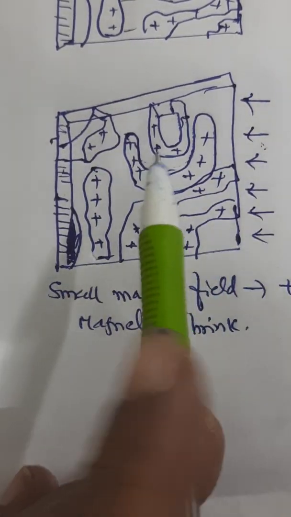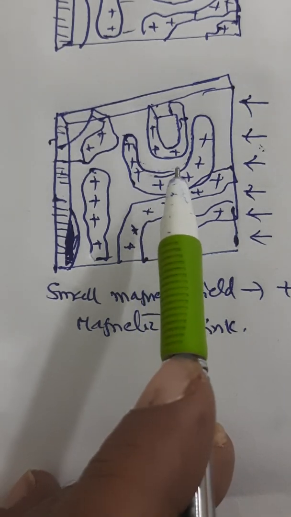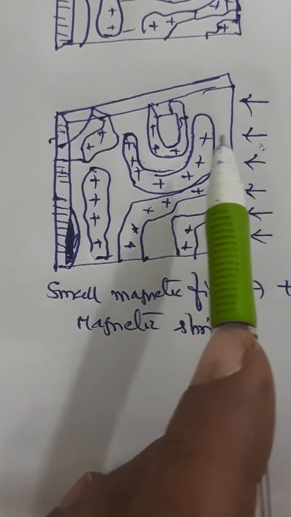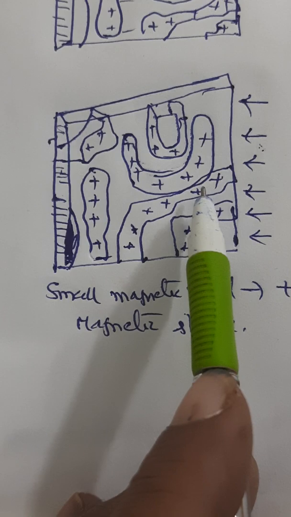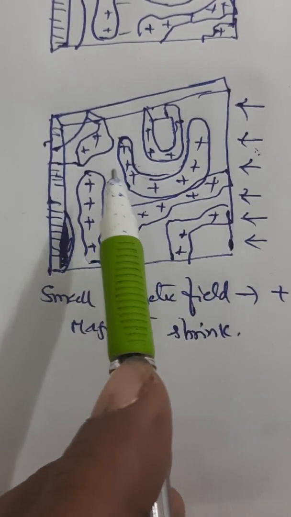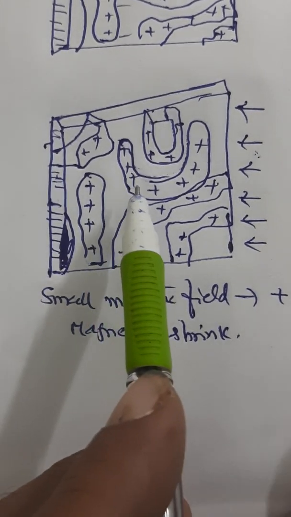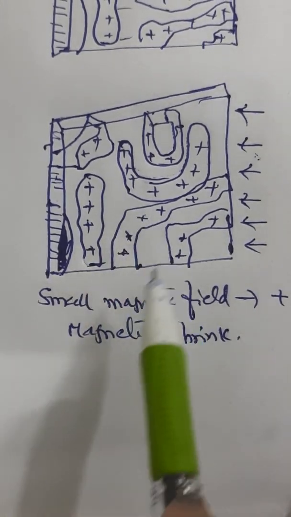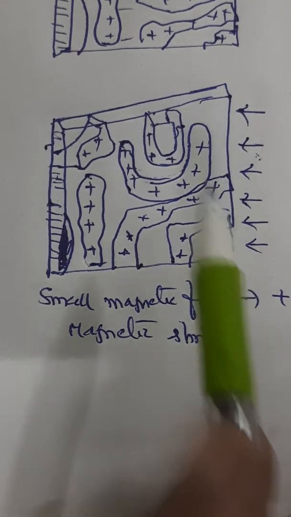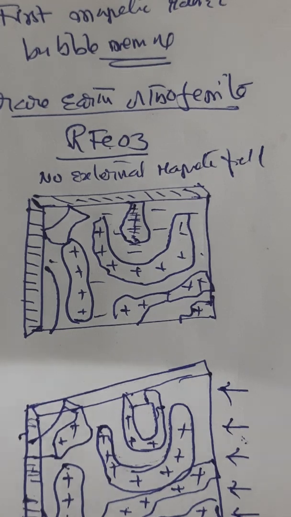When you start applying the magnetic field perpendicular to this, they start shrinking, and when the applied field crosses a high value, suddenly all these domains are concentrated into smaller circular areas of a few microns in diameter. Let us see how they appear when the applied field crosses a high value.